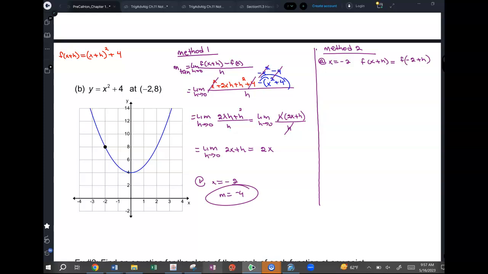So what's f of negative 2 plus h? It's going to be negative 2 plus h squared plus 4. That'll be 4 minus 4h plus h squared plus 4, which is 8 minus 4h plus h squared.